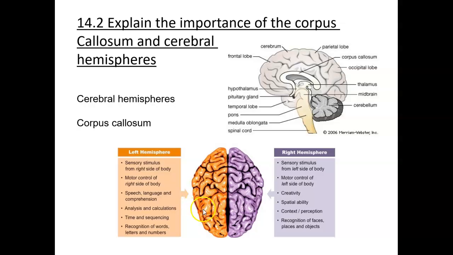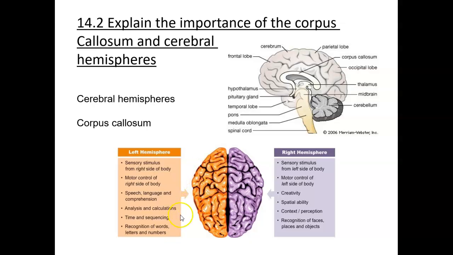Let's say you have damage in the left hemisphere, but the left side of your body moves fine. It's the right side of your body that you might lose function. You might lose motor control on the right side. A stroke on the left, damaging the left side of your brain, can affect motor and sensory information on the right side of the body, and vice versa. Damage to the right side of the brain can affect motor and sensory function on the left side of the body.